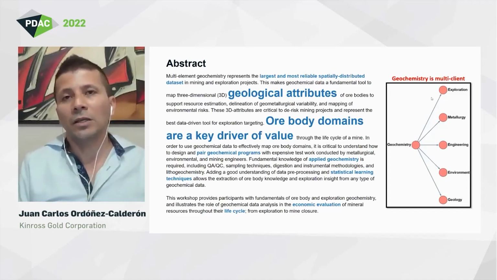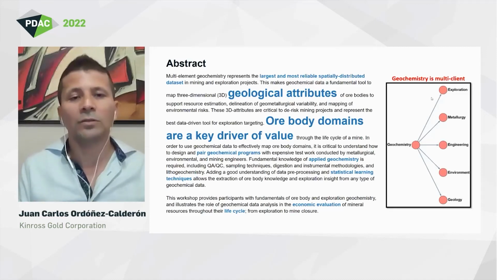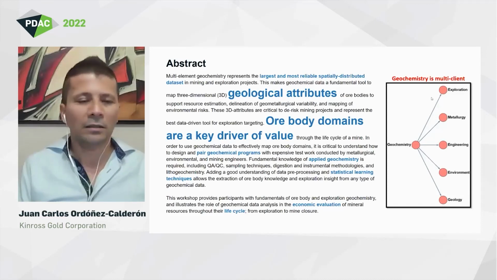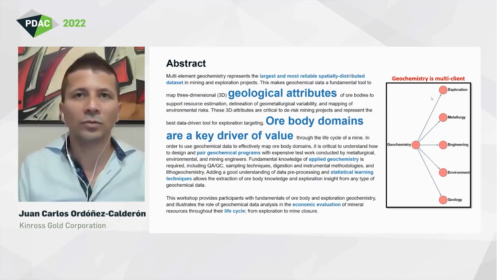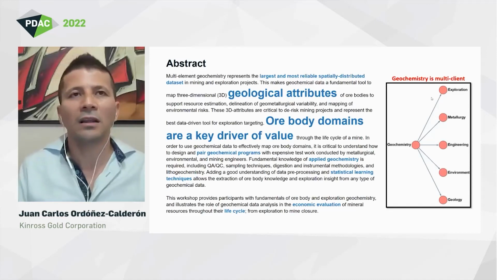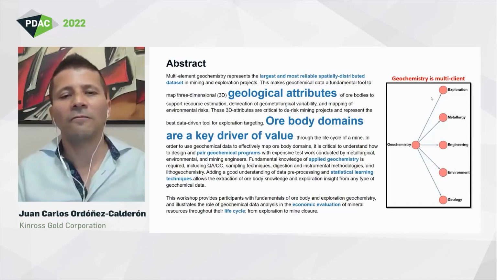So the concept of ore body actually means that we can mine it at a profit. So ultimately, the goal here is to use these geochemical data sets to identify the geological attributes that are drivers of value.